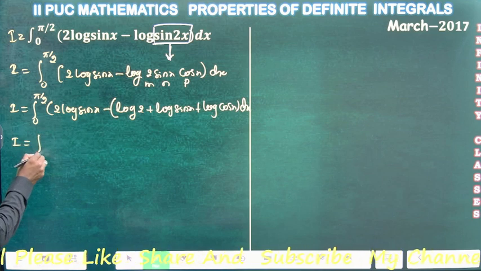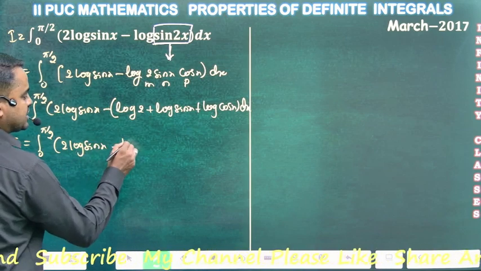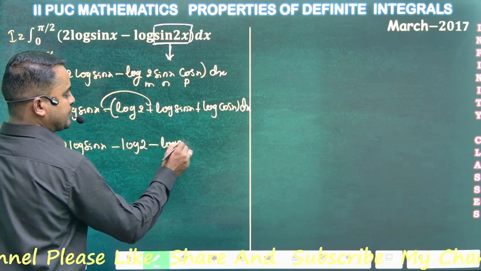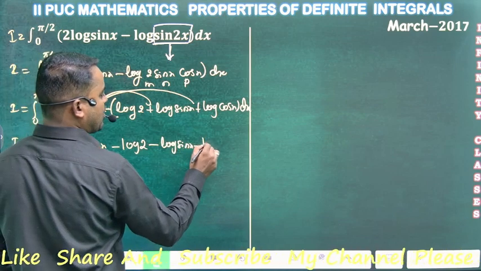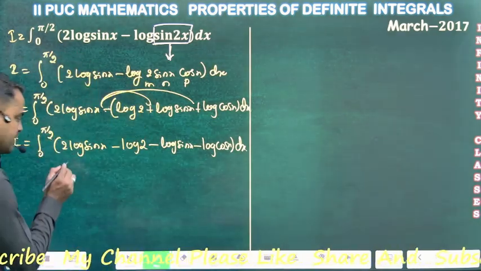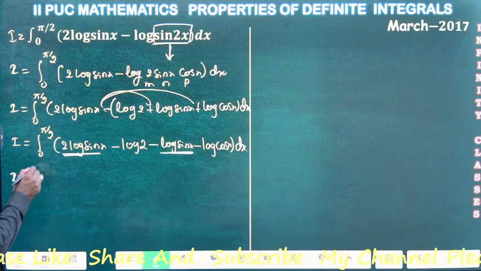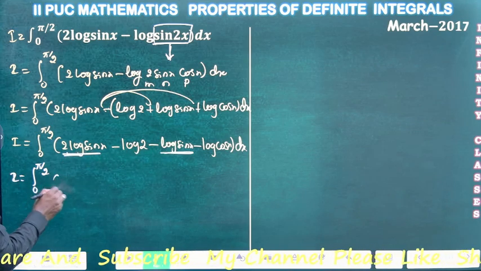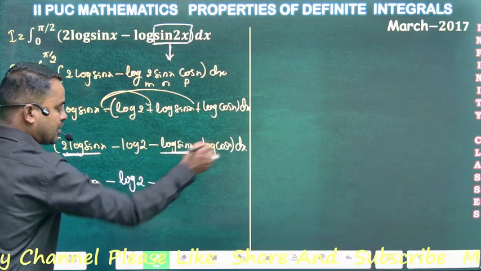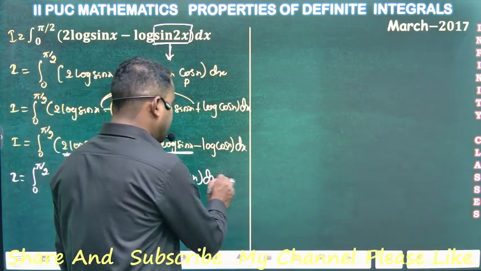Then I is equal to the integral from 0 to 5 by 2 of 2 log sin x, open the bracket, minus log 2, minus into plus is minus log sin x, and again minus log cos x, dx. Observe 2 log sin x and minus log sin x: 2 log sin x minus log sin x is log sin x, minus log 2 as it is, minus log cos x as it is, dx. So this is your equation 1.